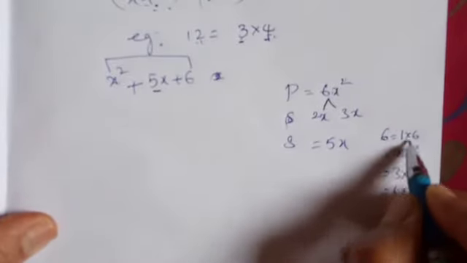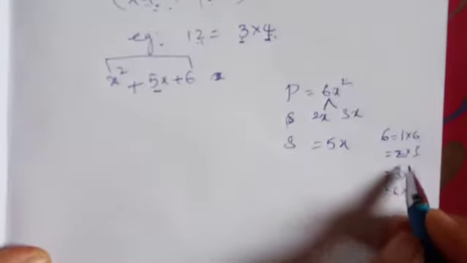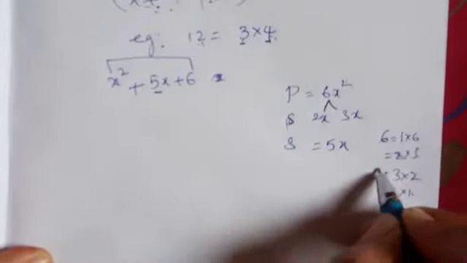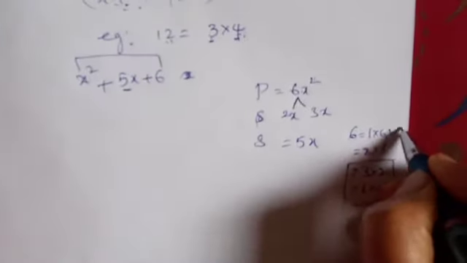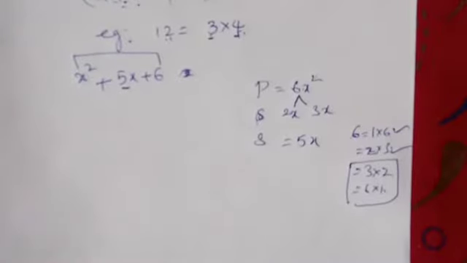The factors are 1, 6; 2, 3; 3, 2; and 6, 1. These are the possible factors of 6. Okay, so these two are repeated here, no need. So we need either this or this. Very carefully listen children, this is very important.